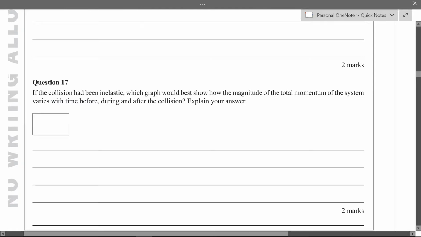If the collision had been inelastic, what would be the magnitude of the total momentum? The answer is still B, because momentum conservation is not dependent on kinetic energy, so it would be conserved even if inelastic.